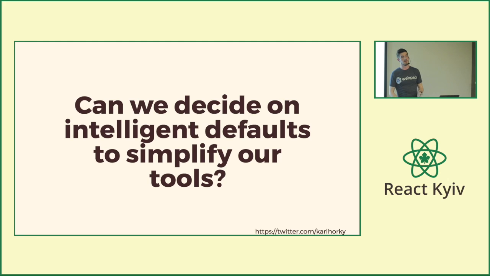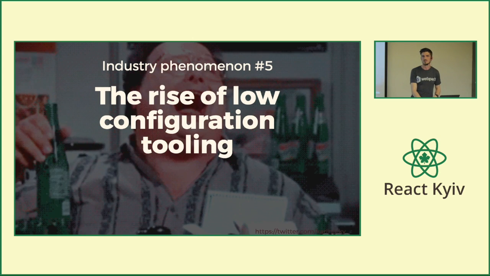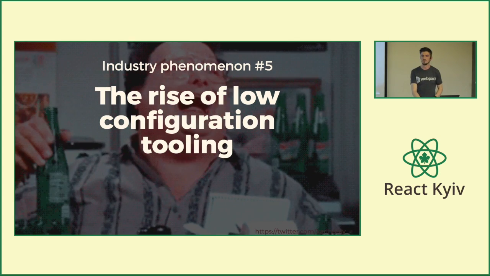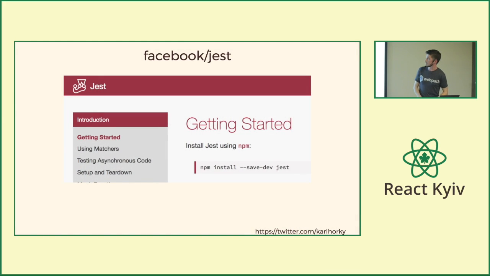Maybe we can build our tools in a way that they are lower configuration, or in some cases we can get away with zero configuration, where you just don't have to change anything. You just install the thing and it works in your project. I wonder if we can do this. I think the industry has answered this. They've said, yes, we would like to move in this direction. Some examples are, for instance, Jest.